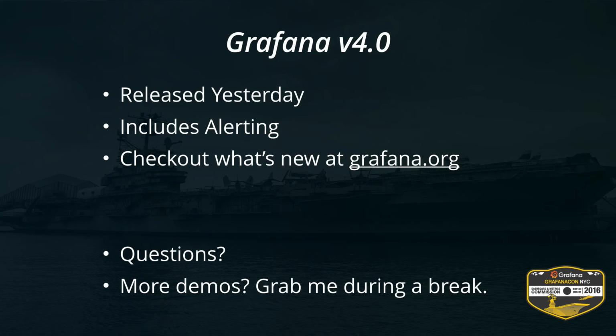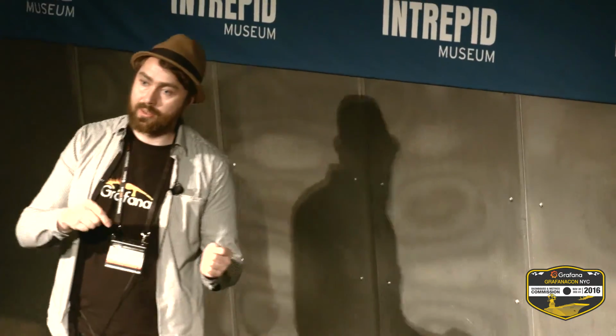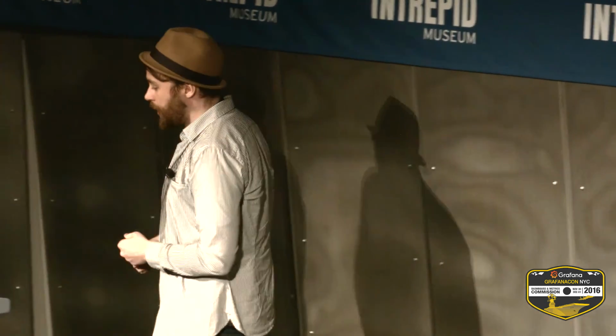So the question was, the alerting feature does not support template variables. And that's true. You cannot use a query in your alert rule that uses template variables. Honestly, it's quite tricky to do it in a very intuitive way. What does it mean? Should we do all values in that template variable, or the one you have saved the dashboard with?